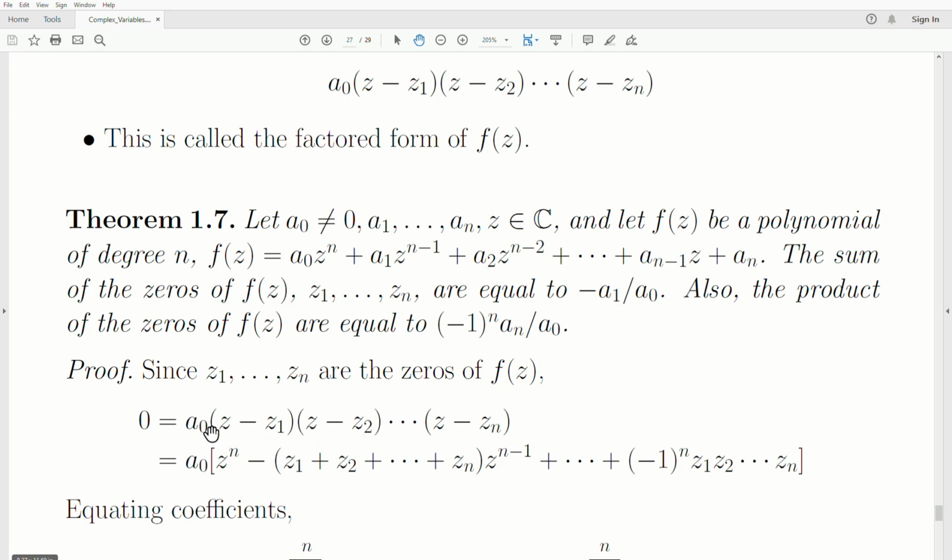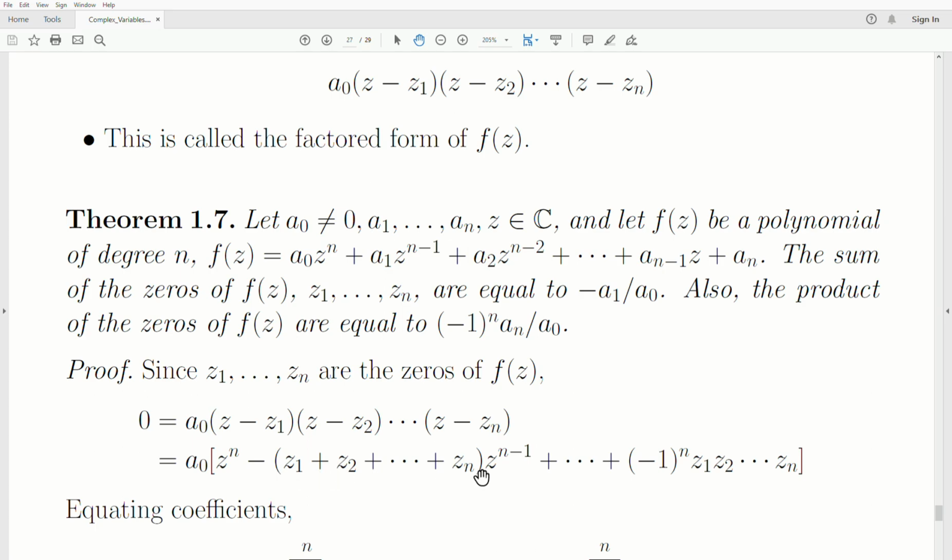The a0 comes down, but then of course if we take z multiplied times all the z's, we get z to the nth power. And now look, a0 times z to the n, that's the original, right? But if we collect all the terms that are z to the n minus 1, these are the coefficients. It's minus that.